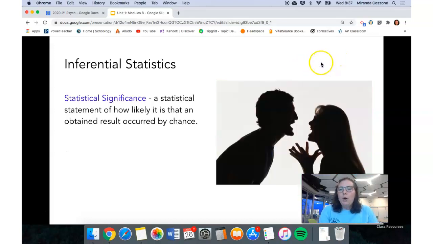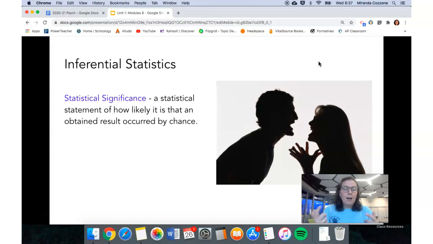All right, so in inferential statistics, we're looking for statistical significance, and statistical significance is the threshold at which we can say this is mathematically sound enough to be able to draw some conclusions about some information that we've gathered. So in the book, they talked about levels of aggression between men and women, and they inferred based on their statistics that men are more aggressive than women, right?